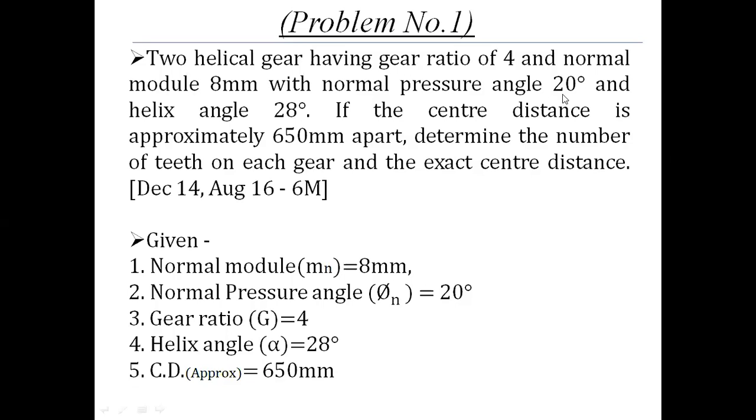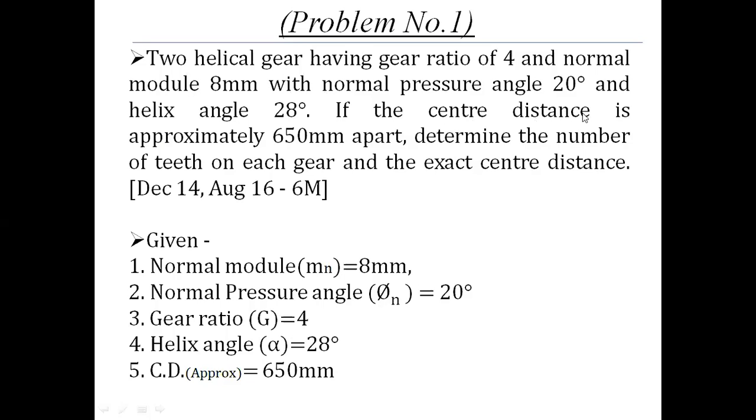So in the problem statement, the module given is the normal module, mn is 8 mm, the normal pressure angle phi n is 20 degree, and the helix angle, denoted by alpha, is 28 degree.